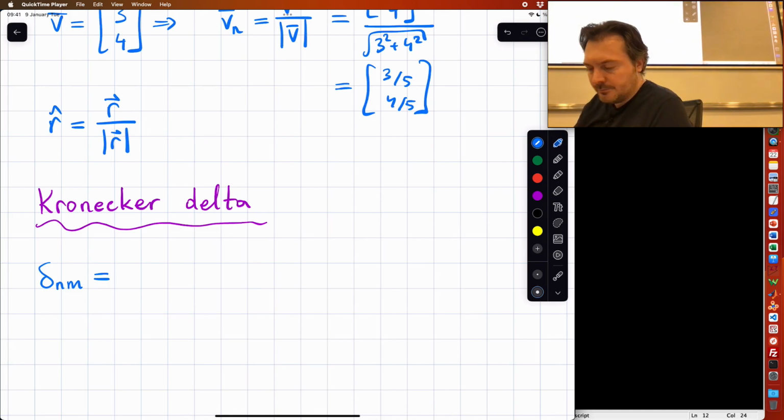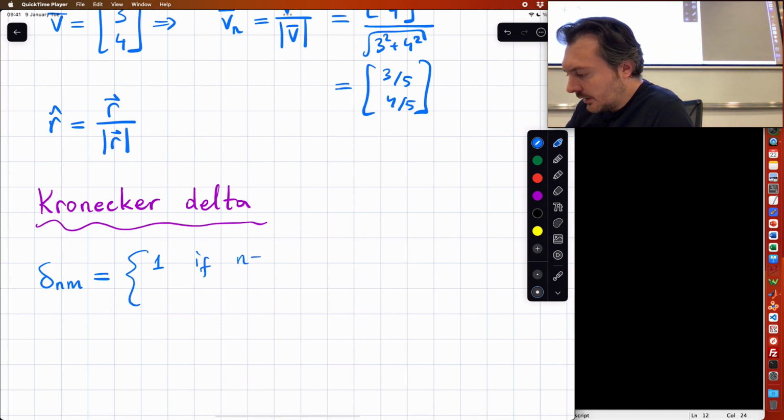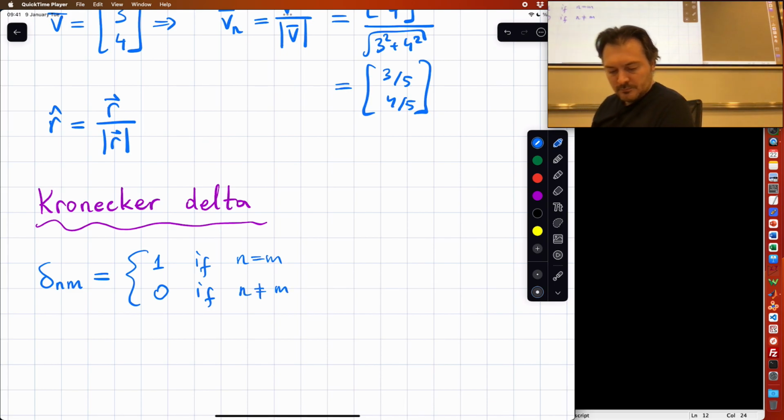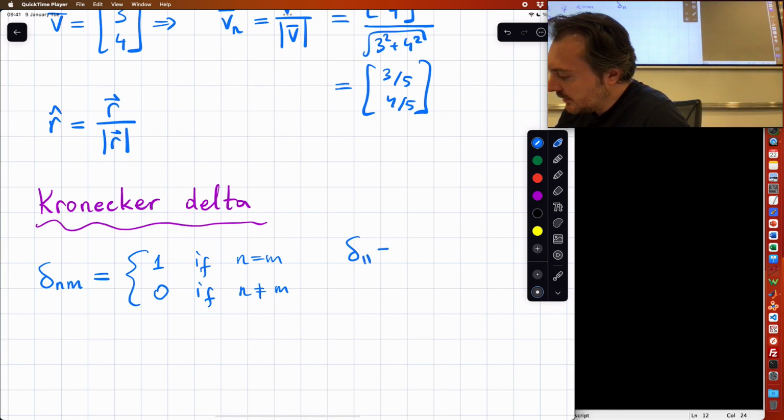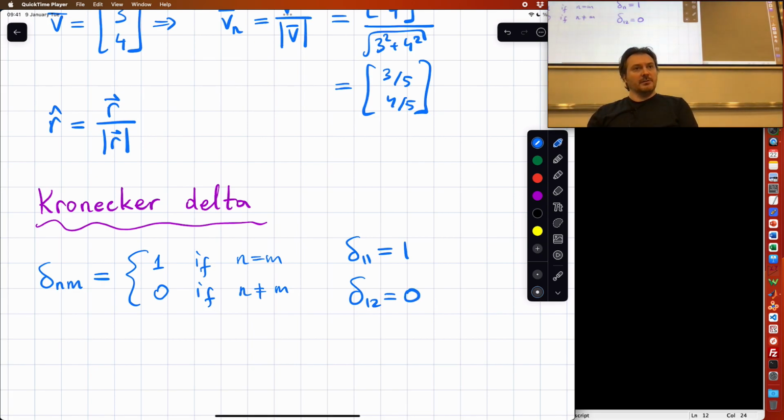Delta nm is 1 if n equals m, and 0 if n is not equal to m. Okay? Example, delta 1,1 is 1, delta 1,2 is 0. That's it. When they are different, it's 0.